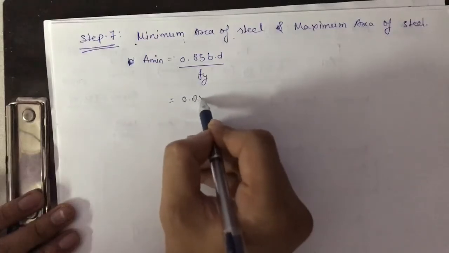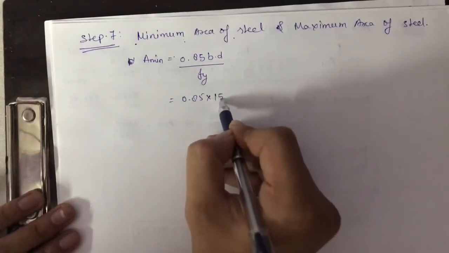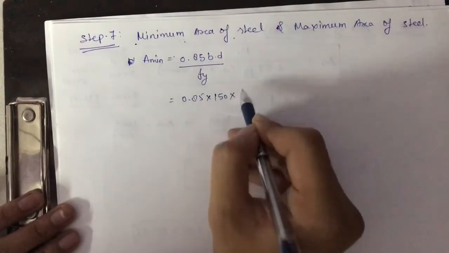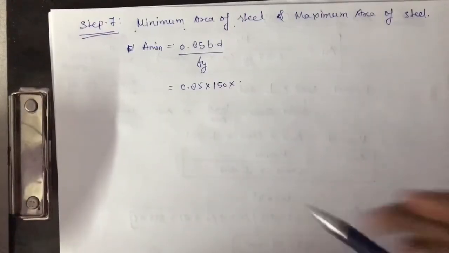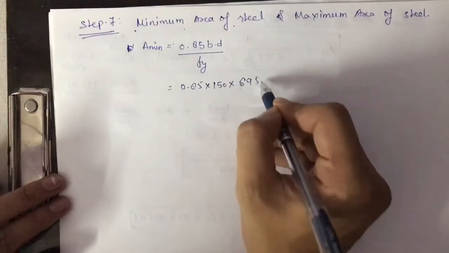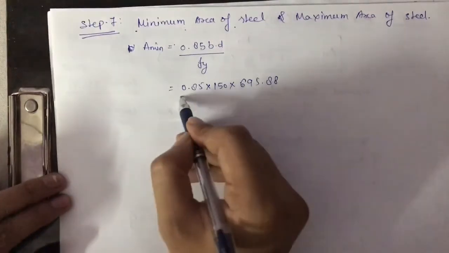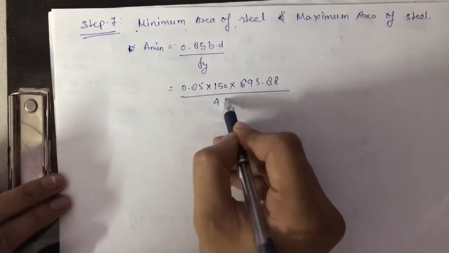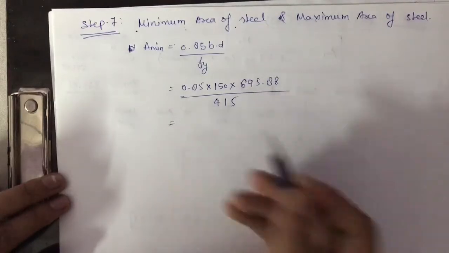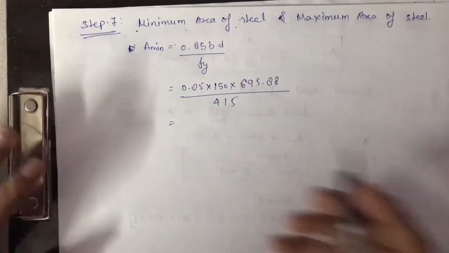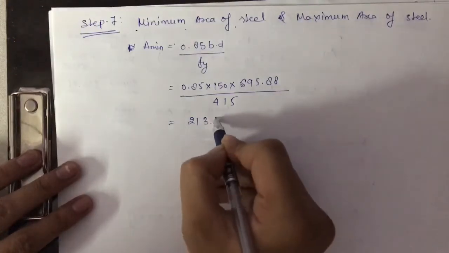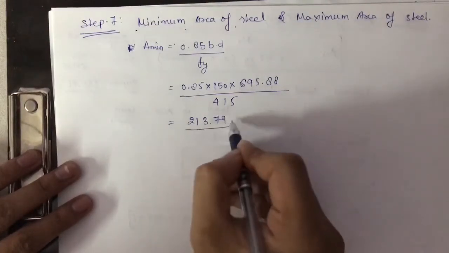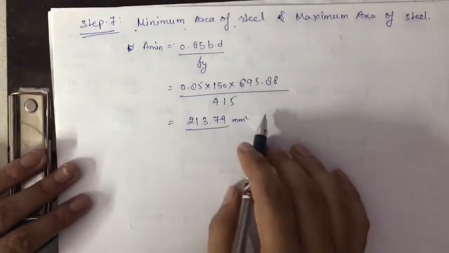So 0.85 into 150 into the depth we have, 695.88, upon fy 415, and it is 213.79 mm square.